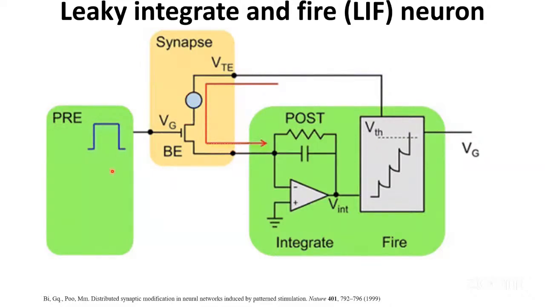So you have a presynaptic neuron, which is before the synapse, and then you have a postsynaptic neuron, which is after the synapse, and they are connected through a synapse. And synapse is where the data is stored in the form of memory, right? So data is stored, and synapse is the memory, and the neuron is the computational unit.